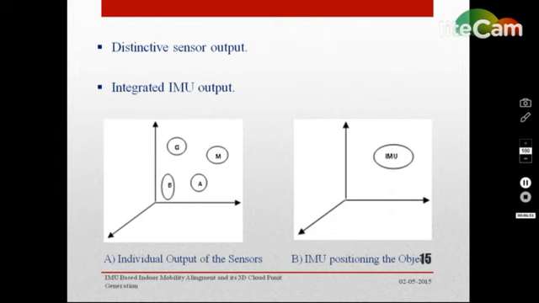It is more complicated, but figure B shows the IMU positioning of an object. The IMU unit gives a combined output of the 4 sensors as a single point. It makes positioning in an indoor environment with high precision comparatively easy.